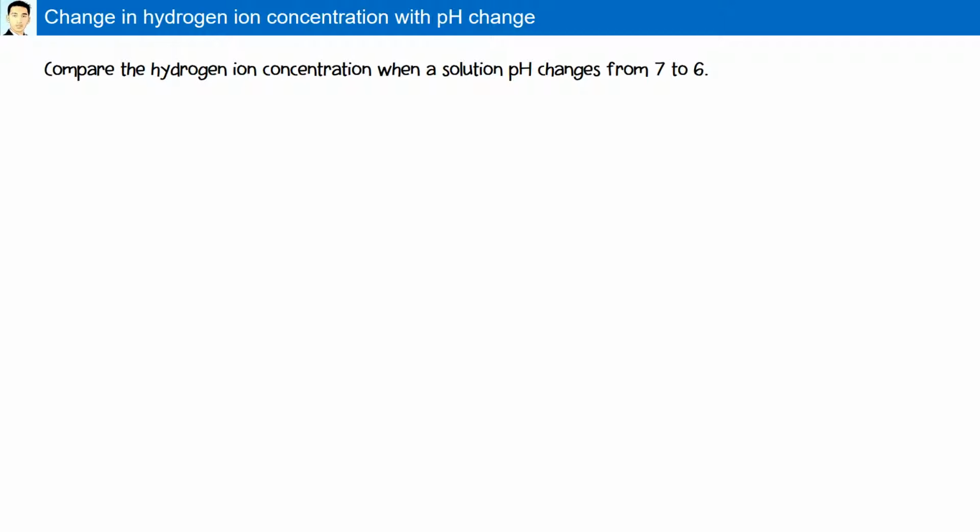Change in hydrogen ion concentration with pH change. If you were to compare the hydrogen ion concentration when a solution's pH changes from 7 to 6. Here we have a pH of 7. A pH of 7 has 1 times 10 to the minus 7 hydrogen ion concentration.